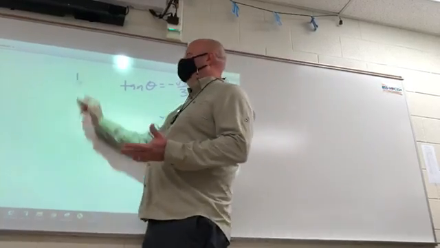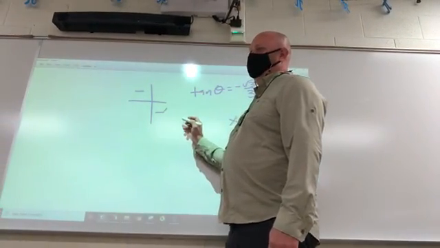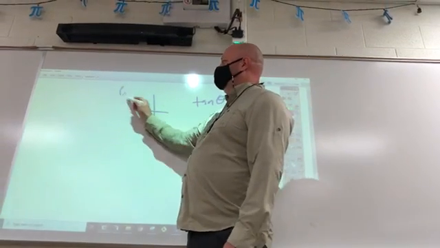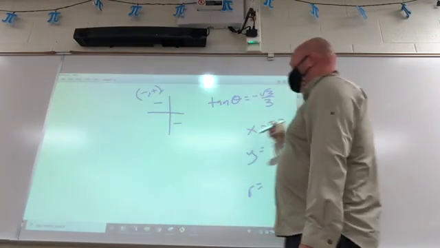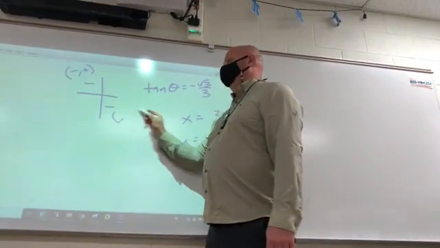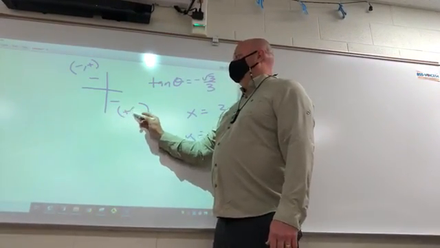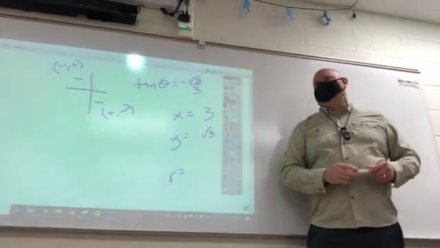They would have to say you're either in the second or the fourth quadrant, right? If I was in the second quadrant, that's a negative x and a positive y, so I'd go negative x, positive y. If they said I was in the fourth quadrant, positive and negative, so, right? So I would make that decision based on the quadrant.